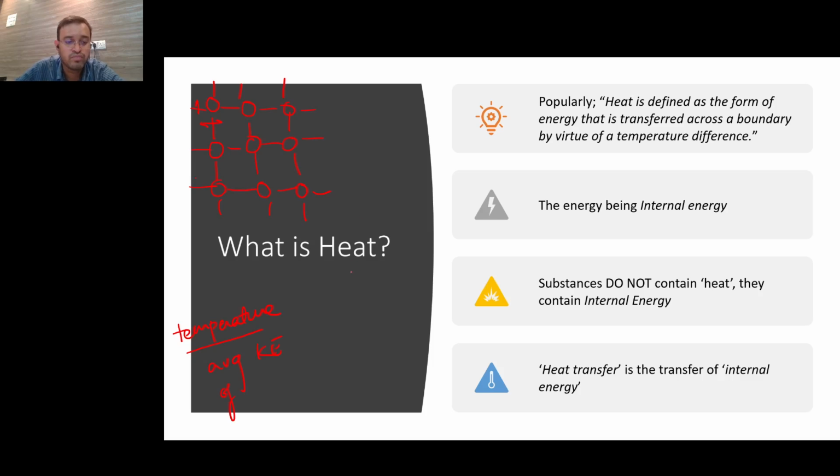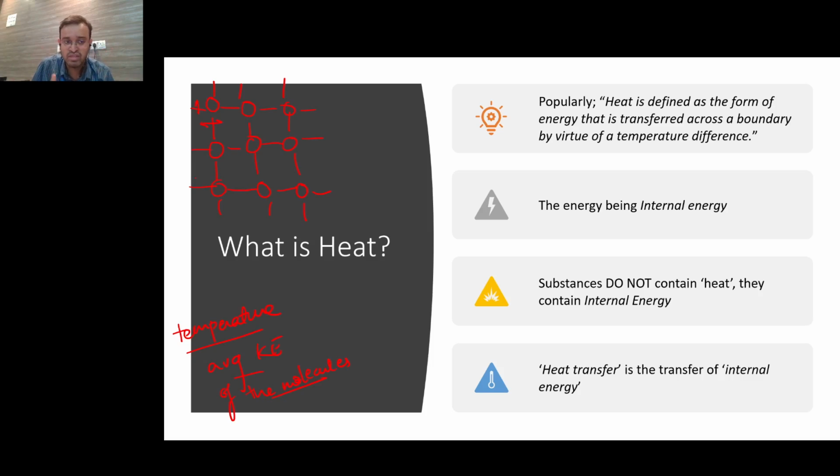So it stands to reason that when you add these kinetic energies, the potential energies, all of these energies, you will end up with some sort of physical quantity. And this physical quantity is nothing but internal energy. And so if you have something with a temperature difference, what is a temperature difference now?